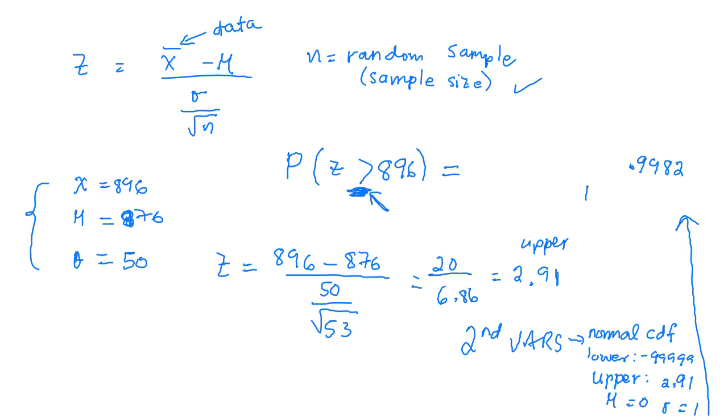So you have 1 minus 0.9982, which equals 0.0018.